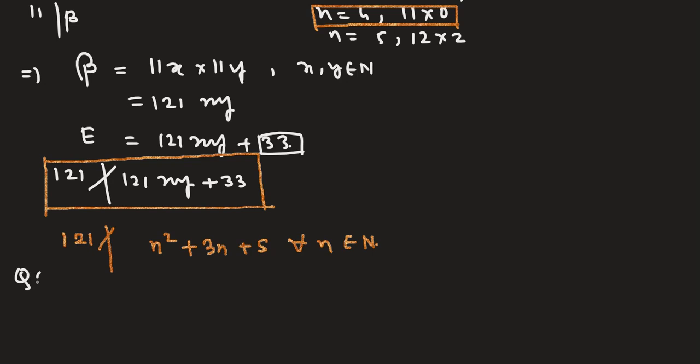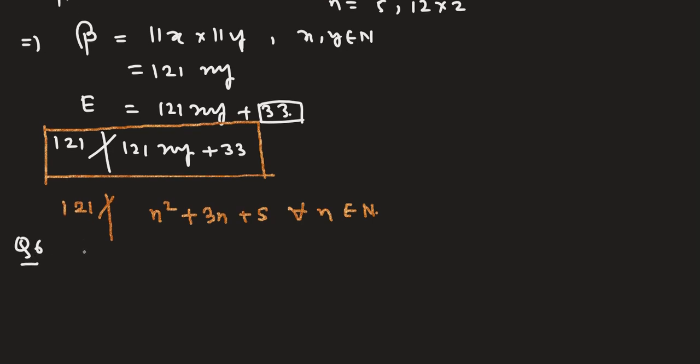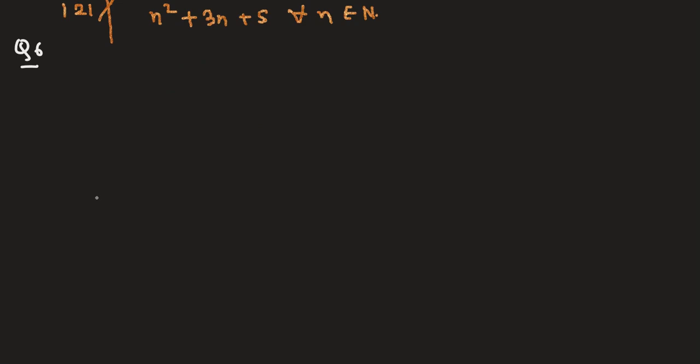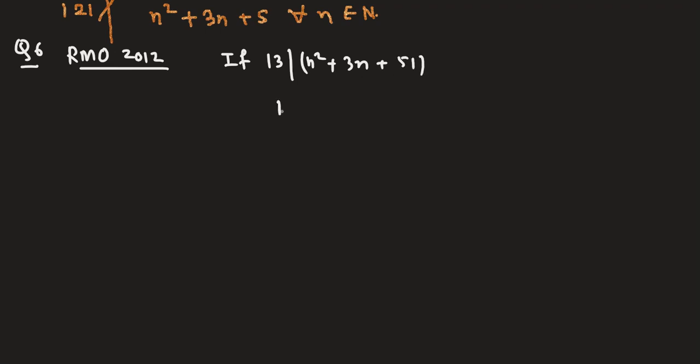Now next is question number 6. It is also a very beautiful question. This question came in RMO 2012. The question says that if 13 divides n square plus 3n plus 51, then prove that 13 square divides 21n square plus 89n plus 44.